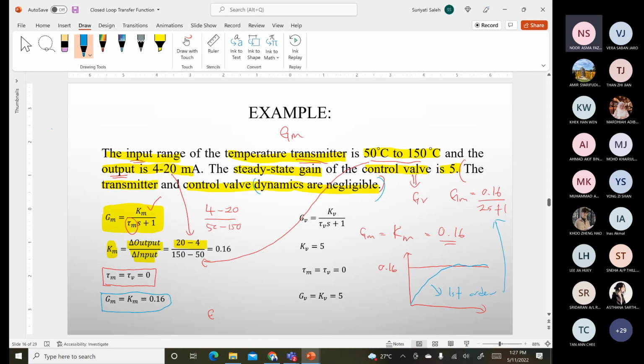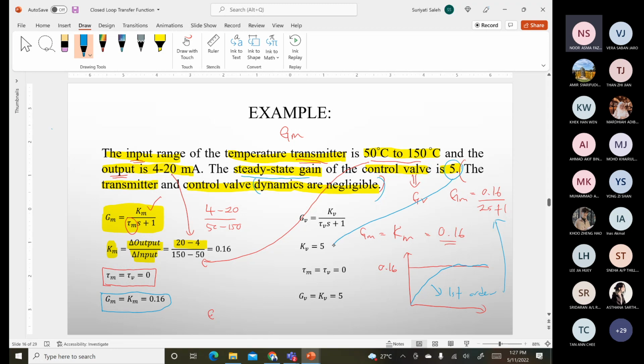That means you have only gain for your transmitter. And for the second, the control valve, GV equals KV over tau V s plus 1. For this part, the gain is given directly to you. You don't need to calculate it, you just use it because it gives the steady state gain of 5.